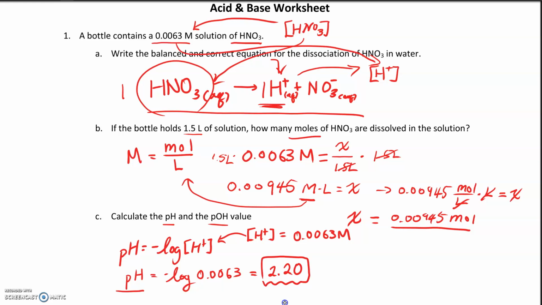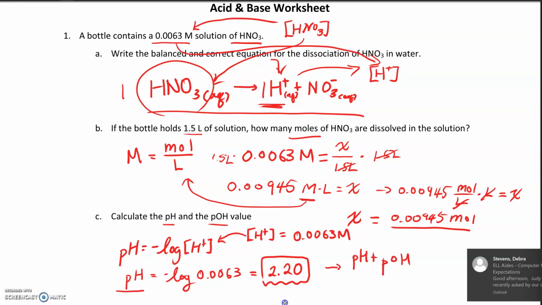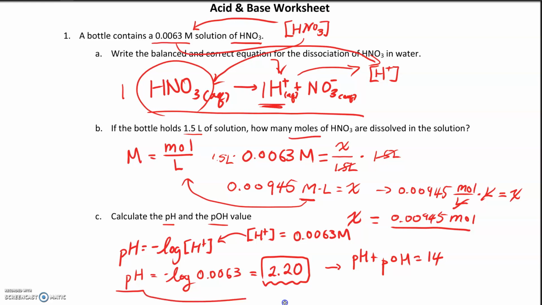Now, once you have solved pH, pOH is simple because we understand that pH plus pOH equals 14. Now, as long as you understand this simple equation, we already have our pH component, which is 2.20 plus pOH equals 14.